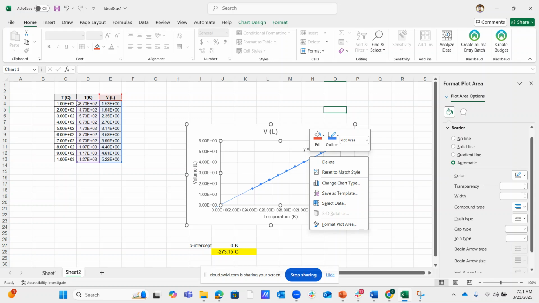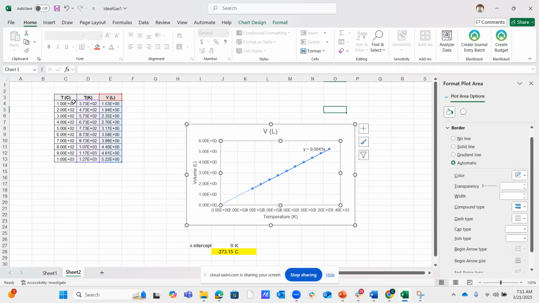I'm going to tell Excel to change my x-axis values. Oh, okay. It wants to keep both of them. I want to just move. Okay, he's not going to do that. Then I'm going to find another way.